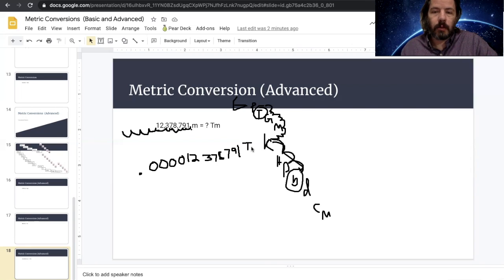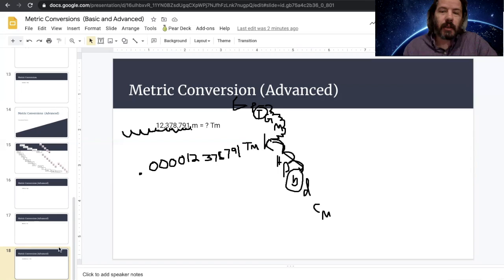Terameters. Okay. Super, super tiny. Even though 12,378,791 meters is a lot of meters, in terameters, it's pretty small.